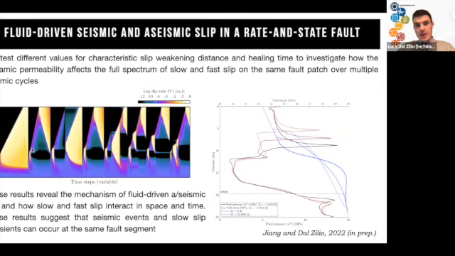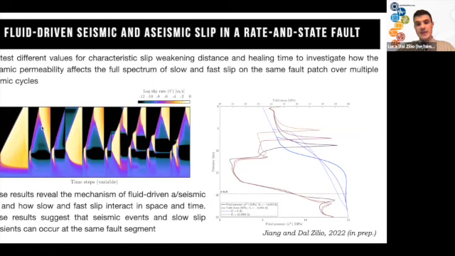This is because every time we have a seismic event, the increase of stress could cause migration of pore pressure because the permeability increases, and we can have the propagation of a slow slip pulse before the nucleation of another seismic event.